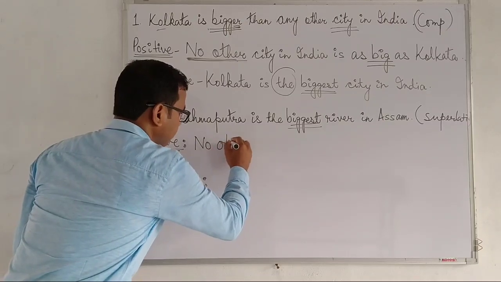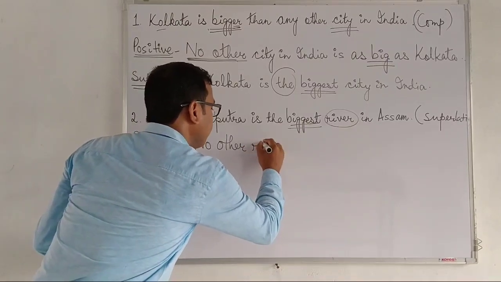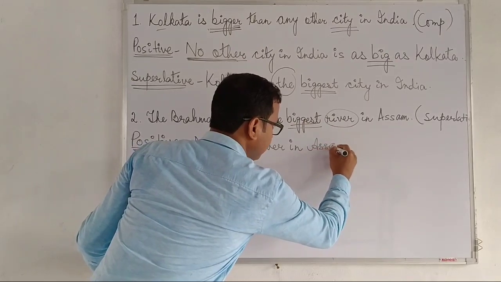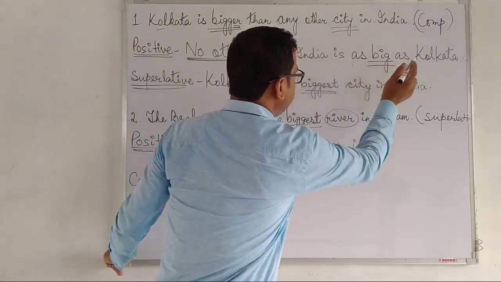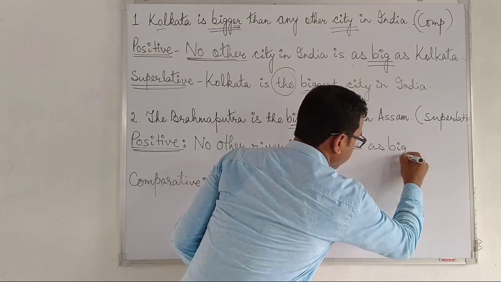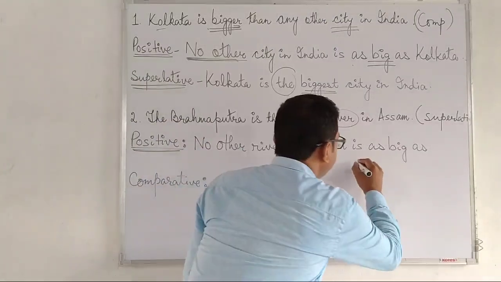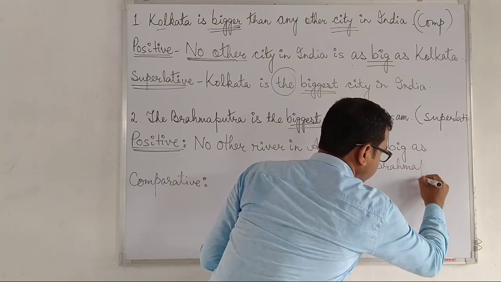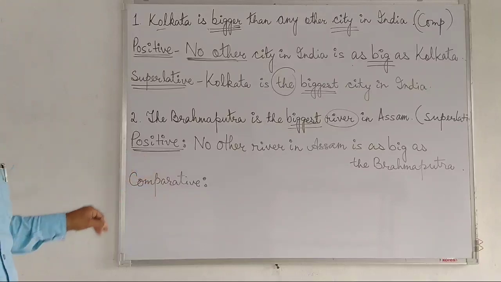No other river in Assam is as big as the Brahmaputra. So we have changed it to positive degree now.